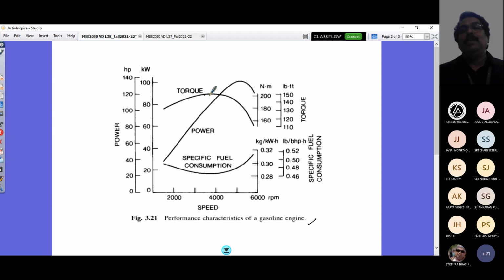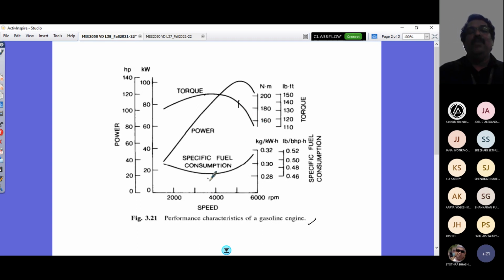If you look, the maximum torque does not correspond to the maximum power. The maximum power of the engine is at a speed beyond the speed corresponding to maximum torque. After the maximum power point speed, you see a drastic reduction in your torque, right?